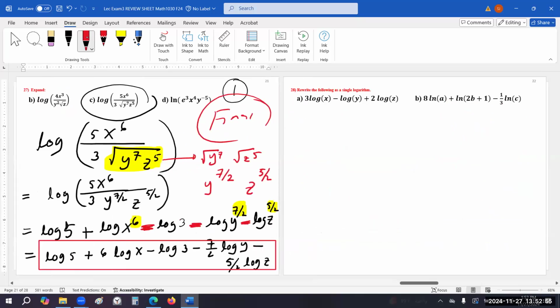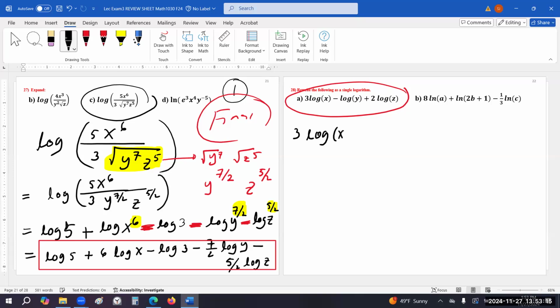Now the other way around. The expansion is given, combine into a single log. Something like this one, but I'm going to give more terms. So that one is a log with a fraction.